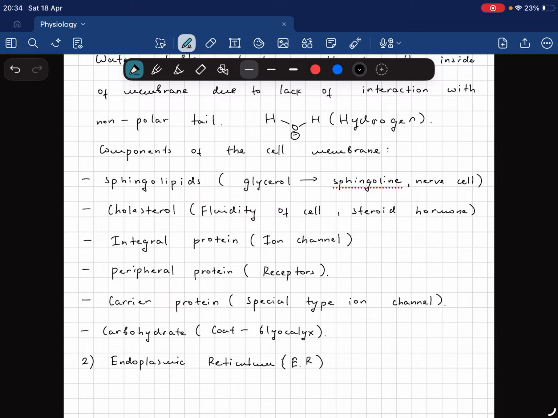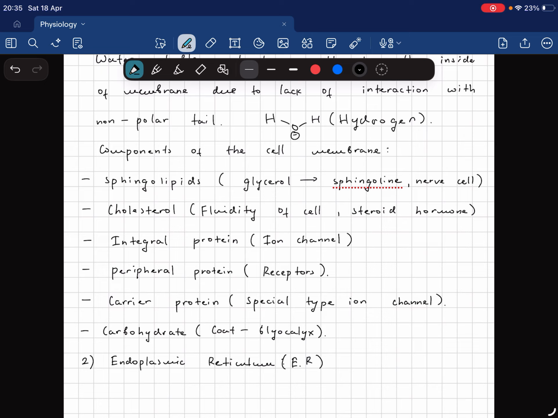And the next thing is integral protein. You can just say that it's an ion channel for transporting molecules. In Guyton, it says that chapter 3 will explain thoroughly about the integral protein and peripheral protein. And the next is peripheral proteins.